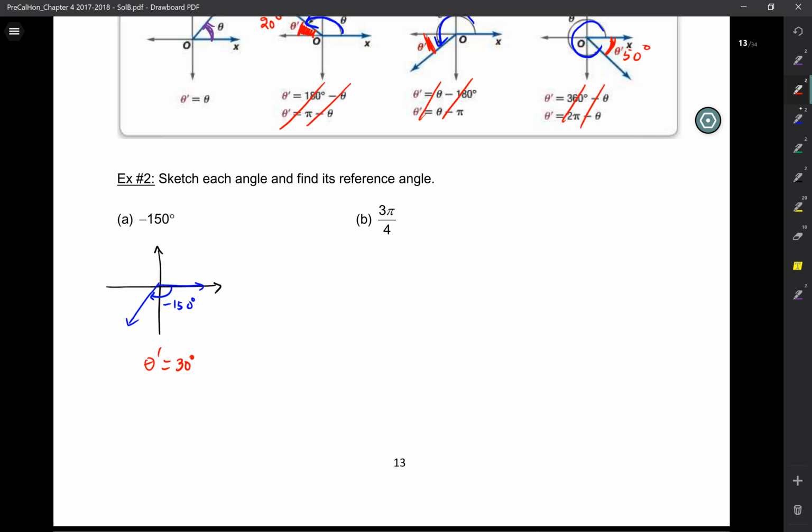All right. 3 pi over 4. Okay, so look, we all know where 3 pi over 4 is. This is 3/4 of a pi. So, like right there, you don't go a full pi, you go 3/4 of a pi. But it's actually easier to find the reference angle for a radian angle. Why? Well, not even.